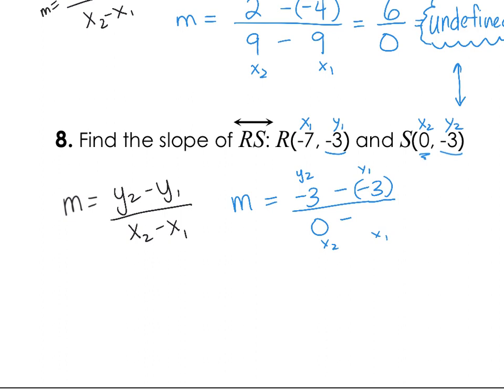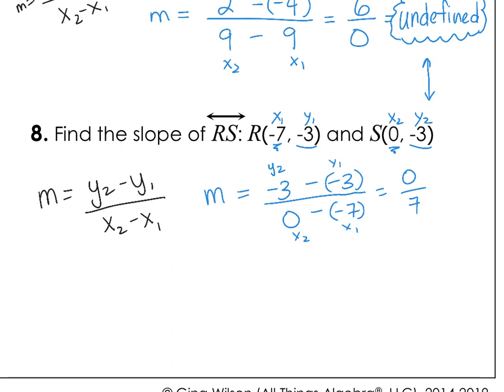If you're starting with one point, you start in the same spot when you go to the next one. So that's set up. -3 minus a -3 is 0. 0 minus a -7 is 7. So that is going to equal 0. That means it's a 0 slope.